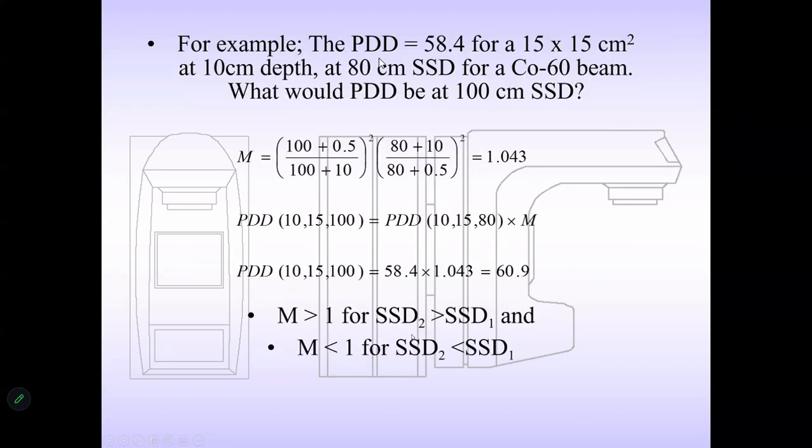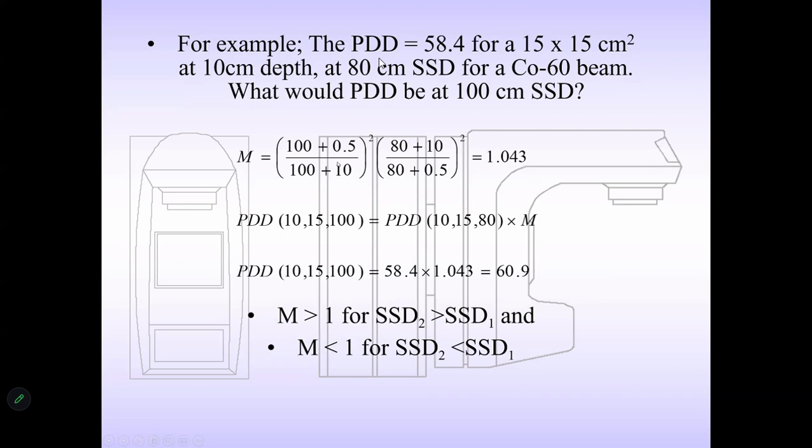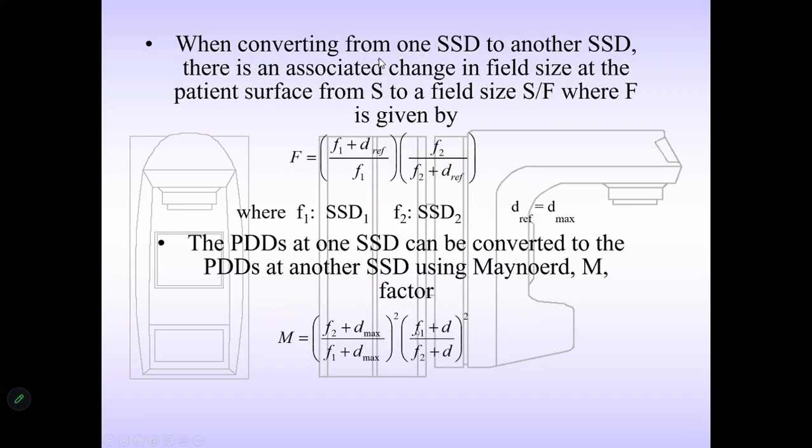Okay, this is an example. The PDD is 58.4 for a 15 by 15 centimeter field, at a depth of 10 centimeter, at 80 centimeter SSD for a cobalt beam. What would be the PDD at 100 centimeter? Like we said, F2 is the SSD for the second one, and this is for the first one. And here is Dmax, Dmax, D, and D.